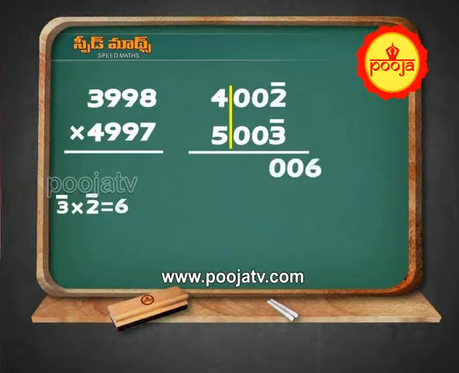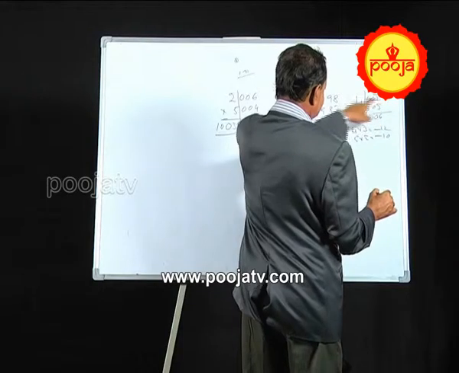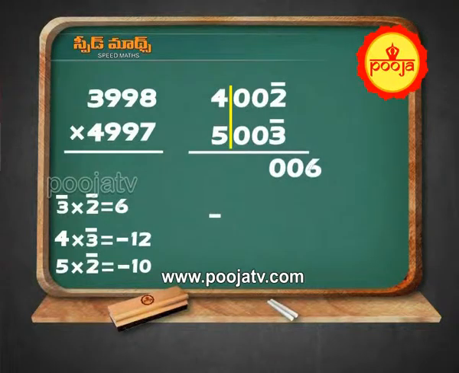Write it as 006. 4 into minus 3 equal to minus 12. 5 into minus 2 equal to minus 10. Minus 12 minus 10 equal to minus 22.